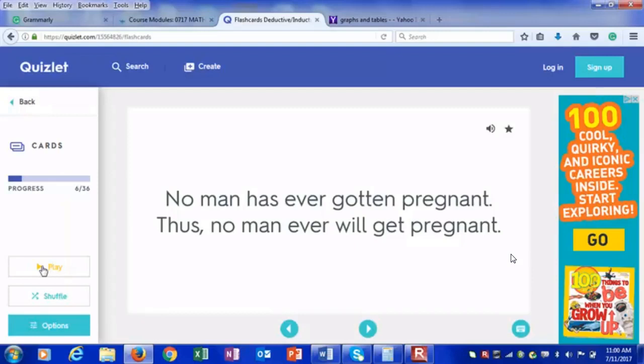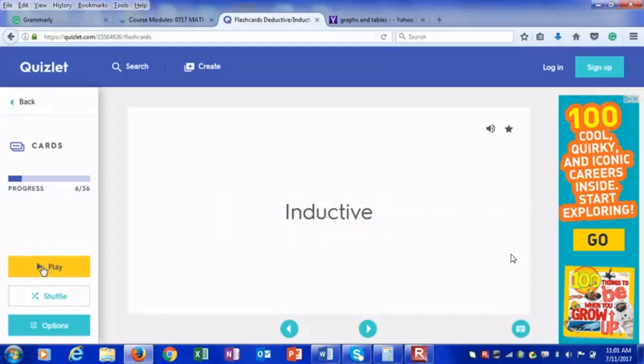So inductive or deductive? My vote is on inductive because I believe that based on the pattern that no man has ever had a baby, I don't think they'll have one in the future. So therefore, it establishes a pattern of there being no babies. So I say inductive. And it is inductive.